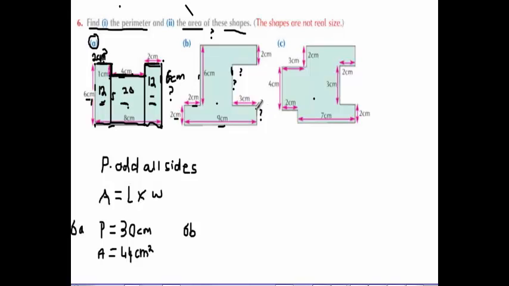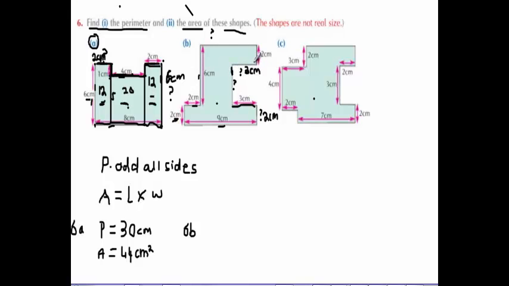It's very easy to spot what this line is going to be, as it's the same length as our line over here. So if that's 2 centimeters, this one here is going to be 2 centimeters. Also, this line here is 3 centimeters. You can see that this line is the same size, so we can put that in as 3 centimeters. And I don't know this line, and that's certainly shorter than this line over here.